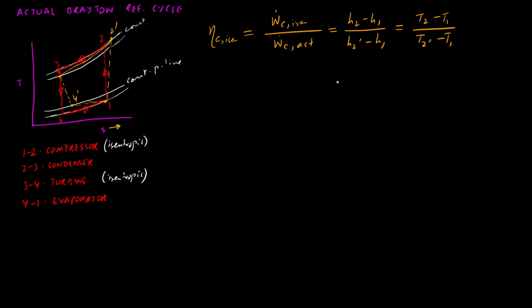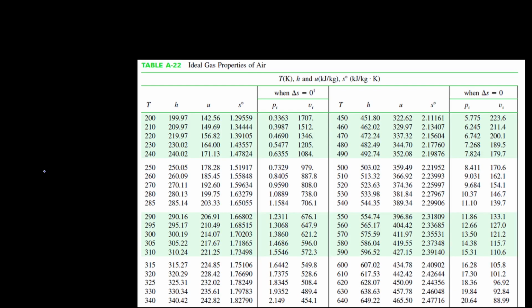And just like that, we could also write the isentropic efficiency for the turbine. So subscript T represents the turbine, and that will be in terms of the opposite now. It would be actual by isentropic. So turbine work done, the actual work done, divided by the turbine work done, the isentropic work done, and that's going to be in terms of H3 minus H4 dash, because it's process 3 to 4.